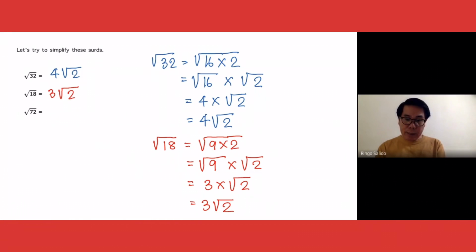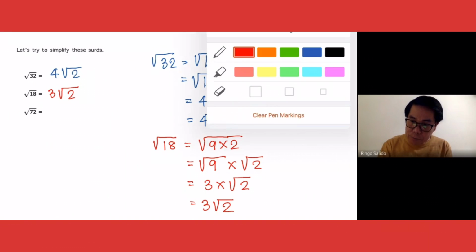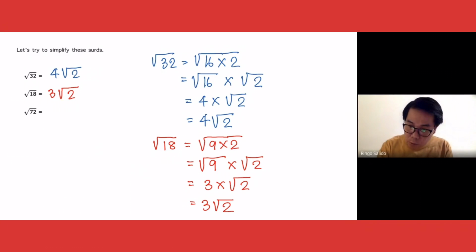Okay, the next one is square root of 72. Factors of 72, where one is a square number, is 36, times 2 is 72.